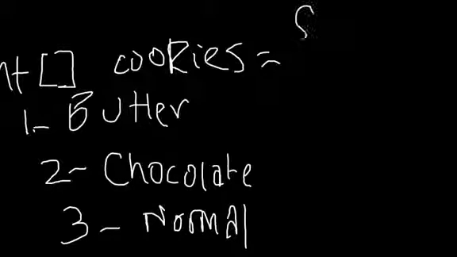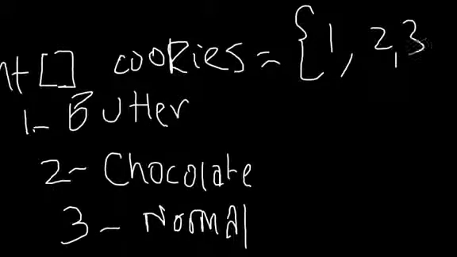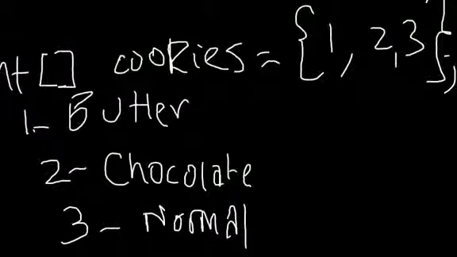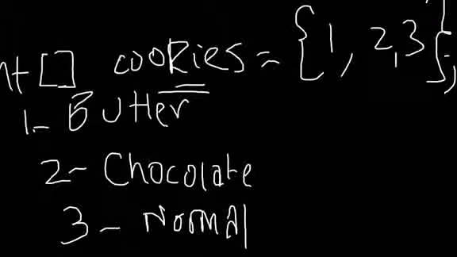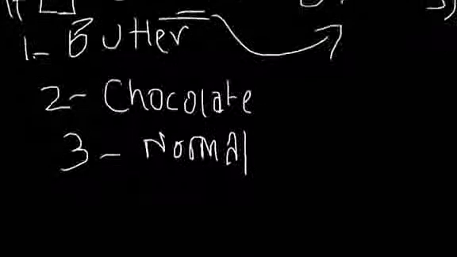So you could define this like this: 1, 2, 3. This declares the array and assigns it at the same time.